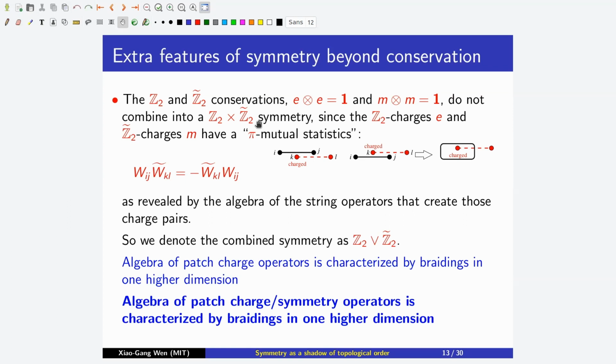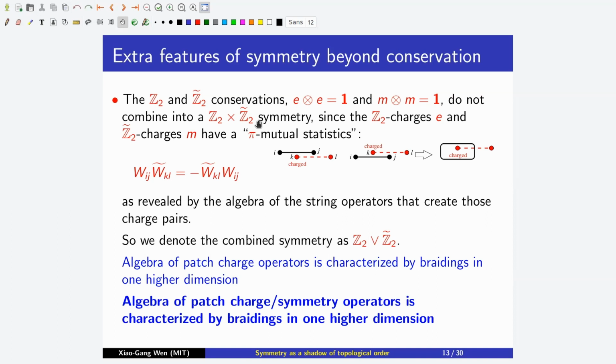There is a situation where we can have a 1+1D model with a Z2 cross Z2 symmetry, which are really independent Z2s. Then we can assign some large operators. We define a low-energy subspace. Then we find that the patch Z2 symmetry transformation has a bad boundary.